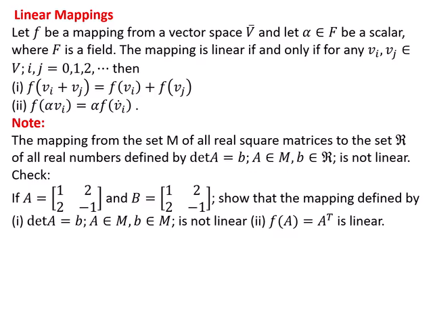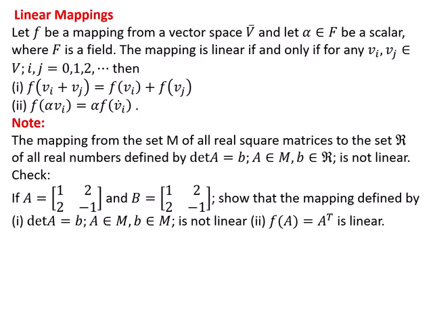If they are the same, that is the first condition. Then the second condition: you have a scalar, you multiply by a field. So f of alpha vi is equivalent to alpha times f of vi. If these two conditions can be satisfied on a vector, then you conclude that that particular mapping is a linear mapping.